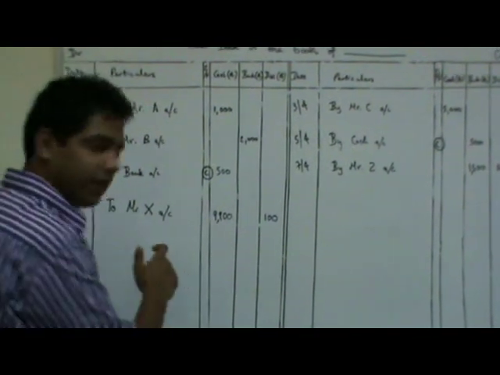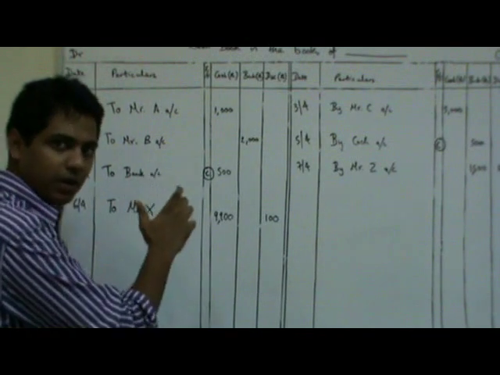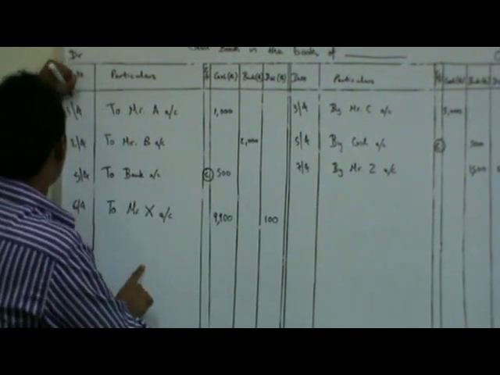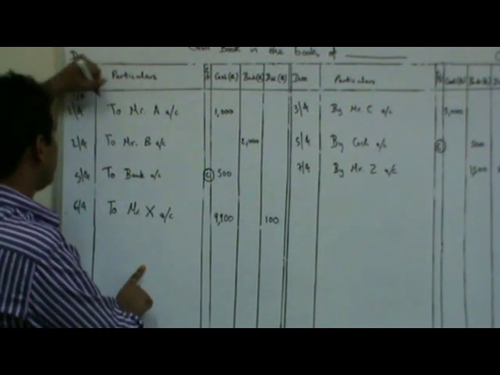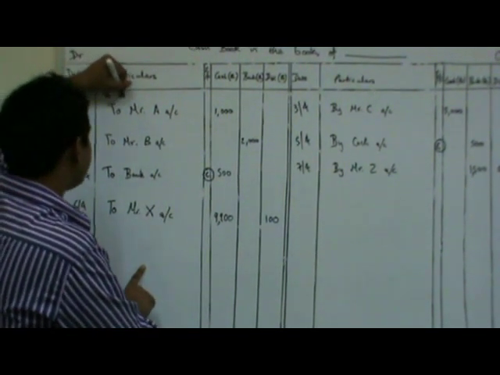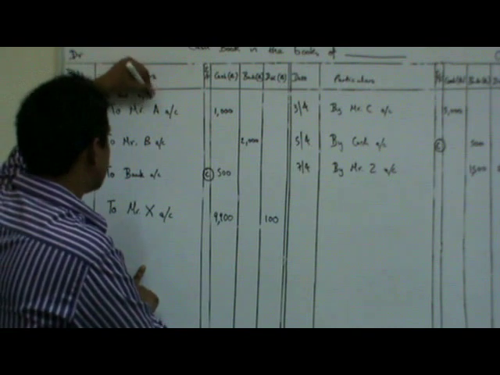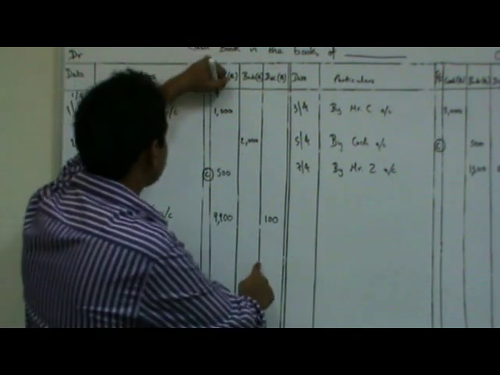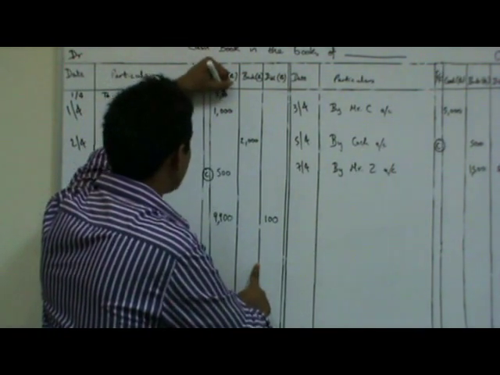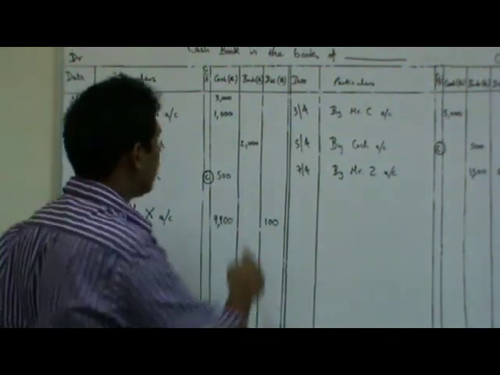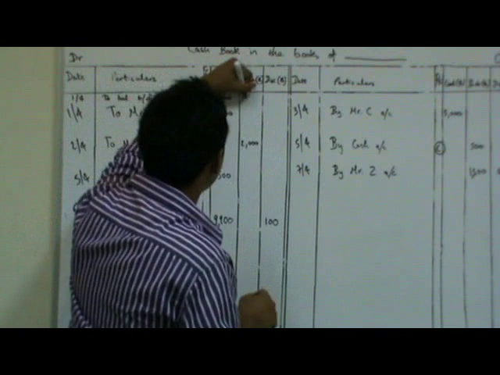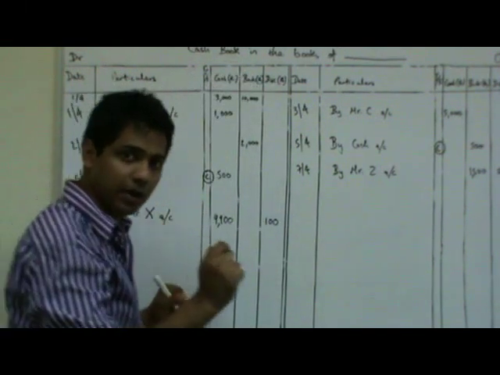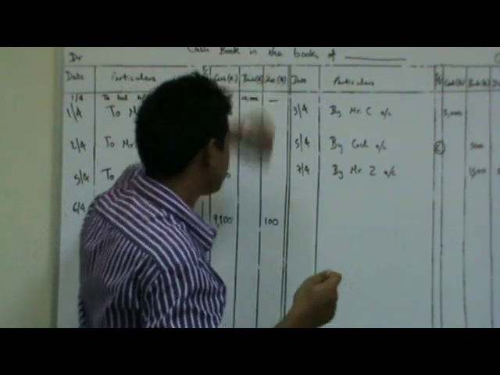The entry for opening a ledger account, especially an asset, which means a debit balance, would have been on 1st April to balance brought down. Right? 3,000 rupees were in cash and 10,000 rupees were in the bank column. Discount, being a nominal account, will never have an opening balance.